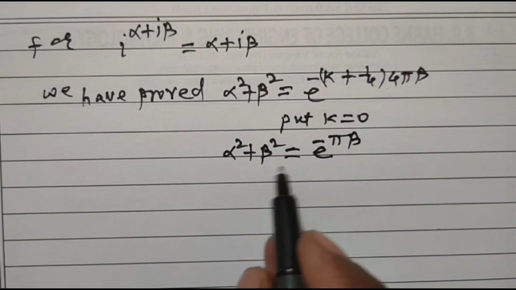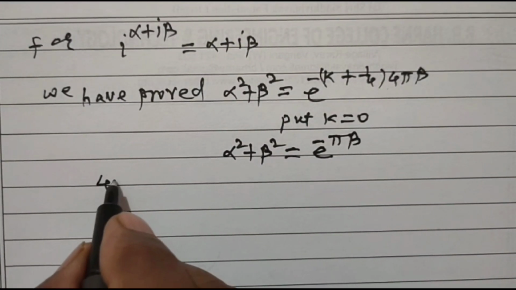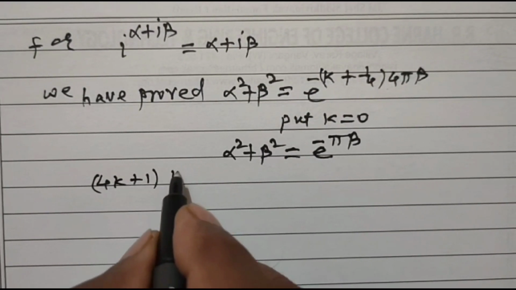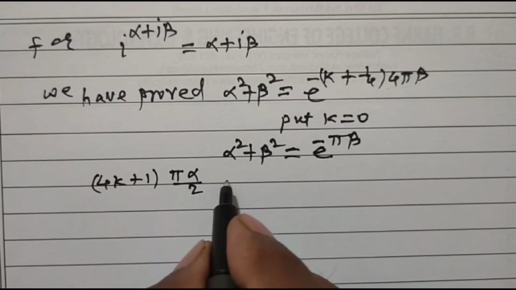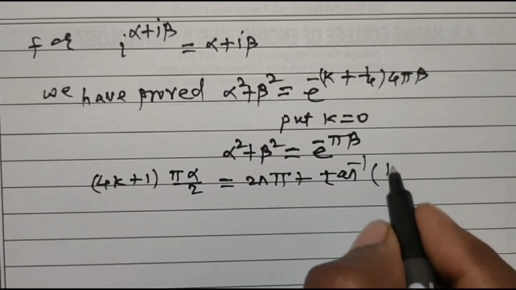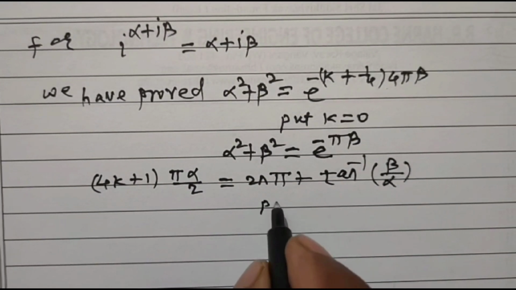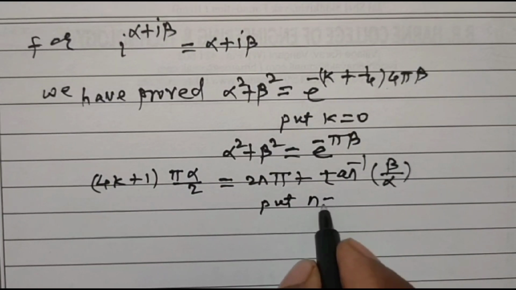Okay, this is the principal form, and for the imaginary part we have obtained (4k plus 1) times pi alpha divided by 2 is equal to 2n pi plus tan inverse beta upon alpha. Here also this is the general form. Put n equal to 0, that gives the principal form.